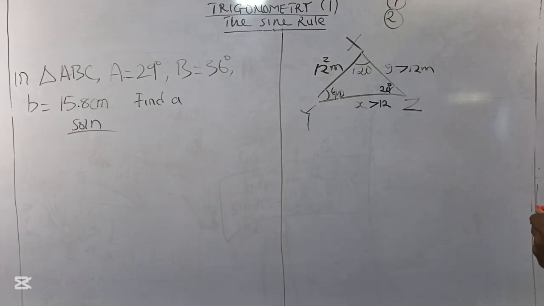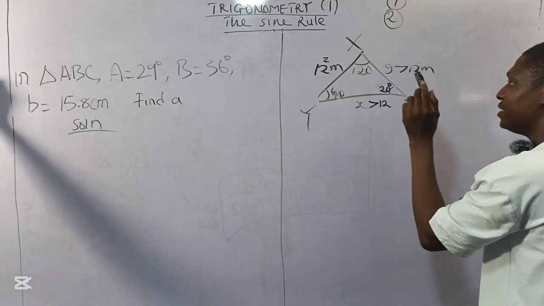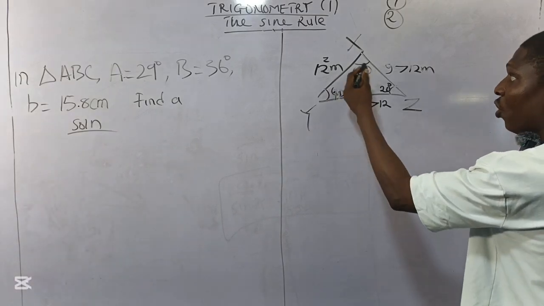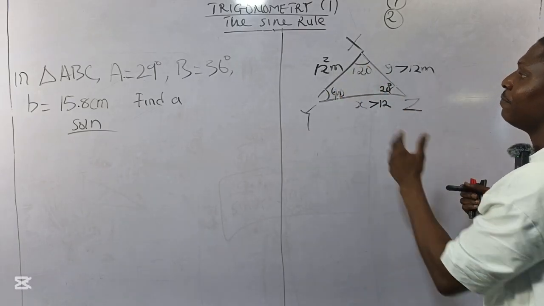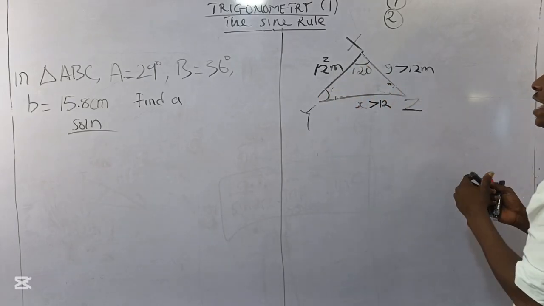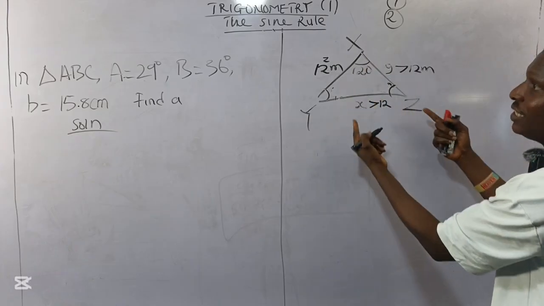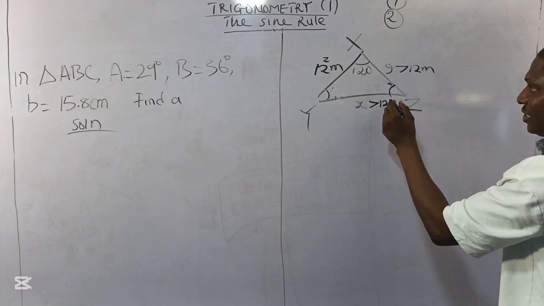Secondly, if it's possible for me to solve for y and z at the same time, the side or the angle. If I'm to solve for the angles at the same time, maybe I don't know this and I don't know this, and I know that this is greater than 12 already, I must solve for the smaller angle first.